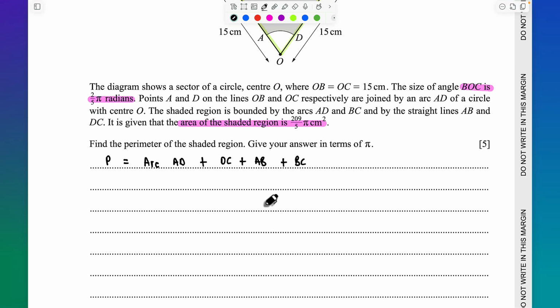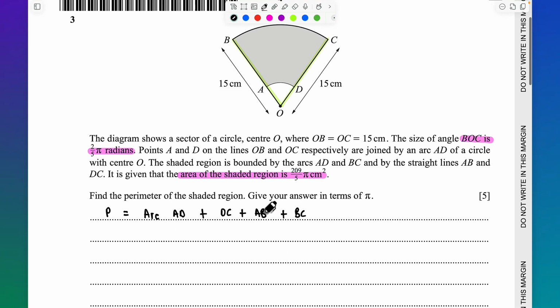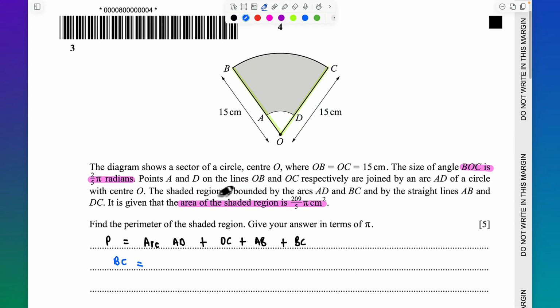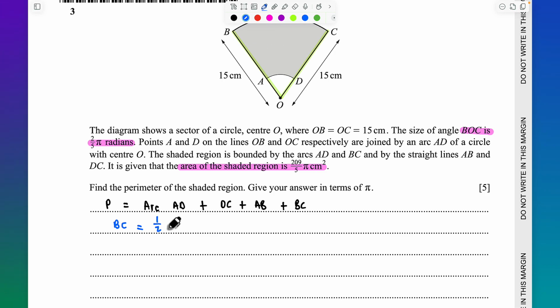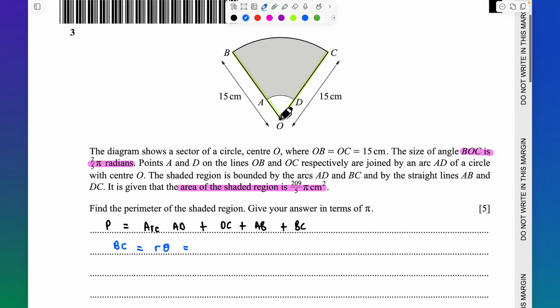So let's take the easy ones. Which ones can we actually calculate right now as it is? We can actually calculate BC, because BC is equal to, sorry, not half r squared theta, it's the radius multiplied by theta, because this is arc length. Arc length is just the radius multiplied by the angle. The reason I say we have this information is because for that sector we have the radius, which is 15, and then we have the angle, which is 2 pi over 5 radians.